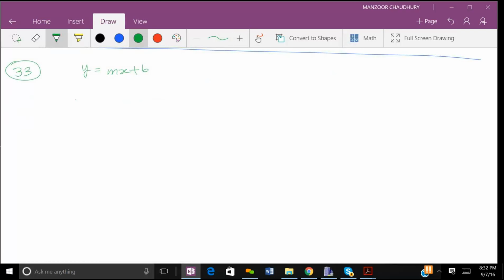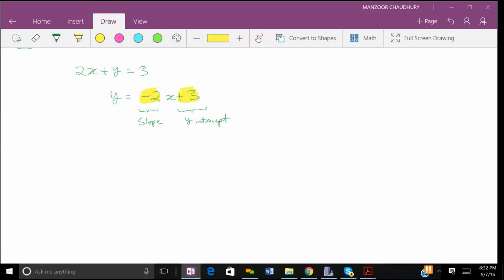We have 2x, that means this slope. See those two? Those two are important things, right? So we're going to use that -2, all right?